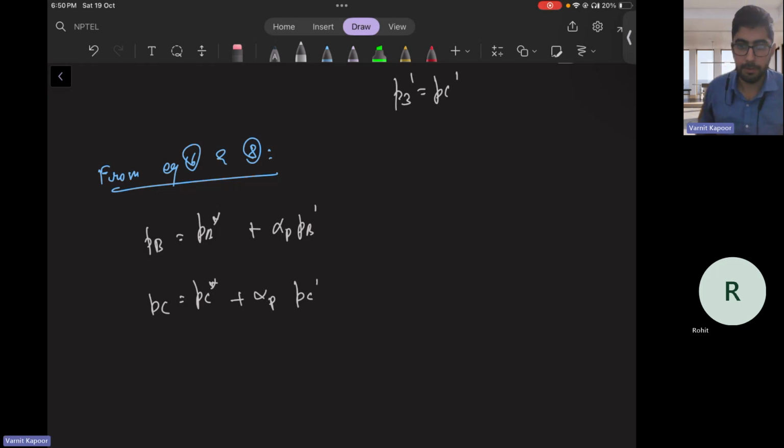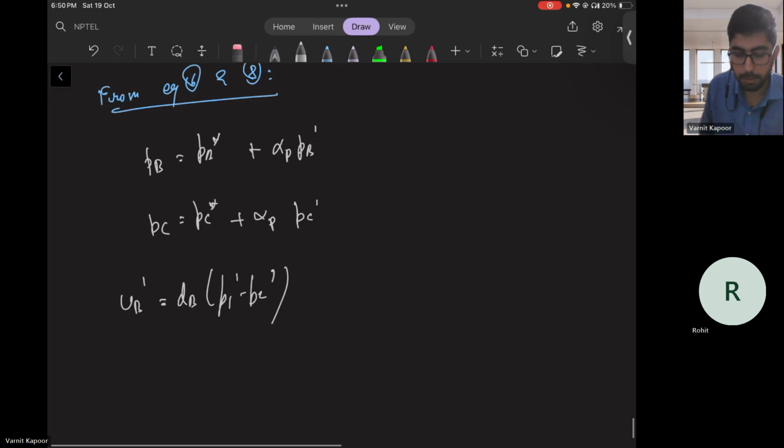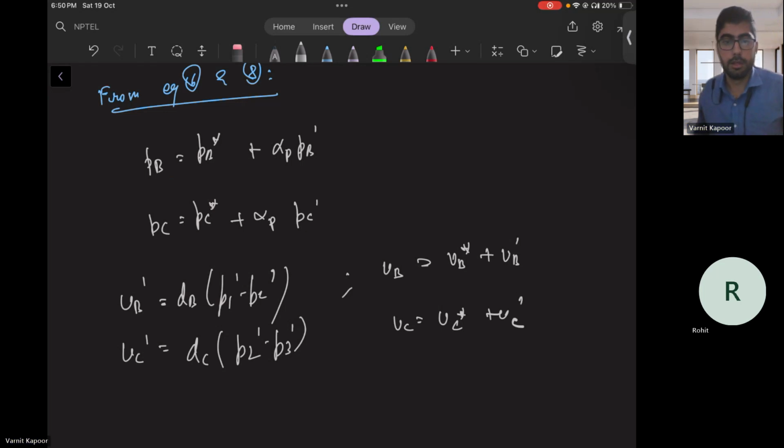And the cell corrections UB prime, used for improving the convergence, will be DB into P1 prime minus P2 prime, and UC prime is DC into P2 prime minus P3 prime. UB is UB star plus UB prime. UC is equal to UC star plus UC prime. So we have all the pressure corrections.